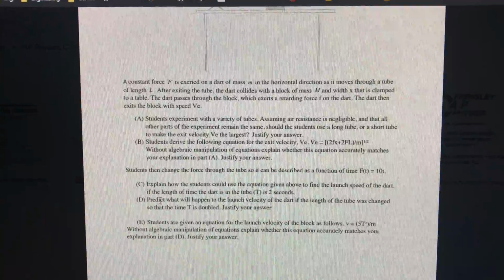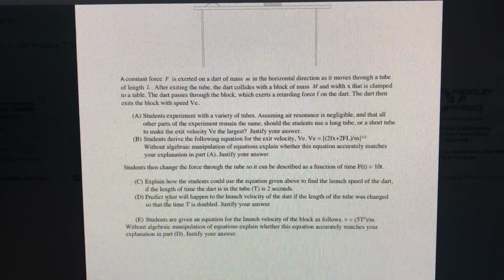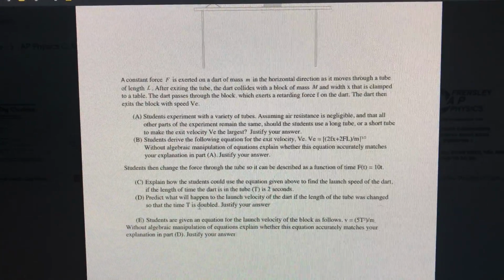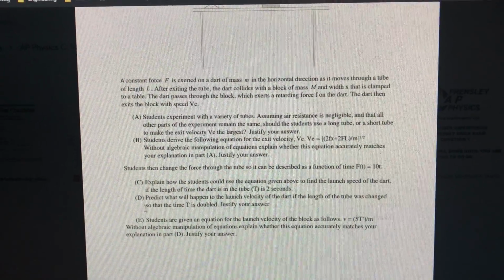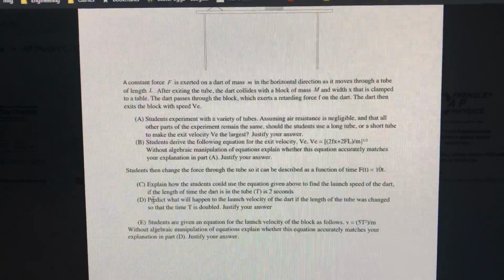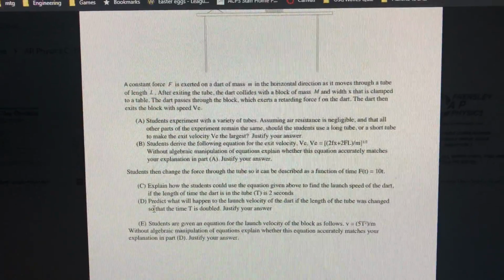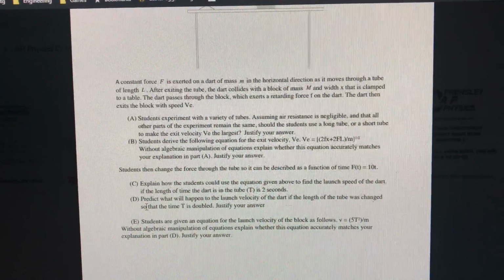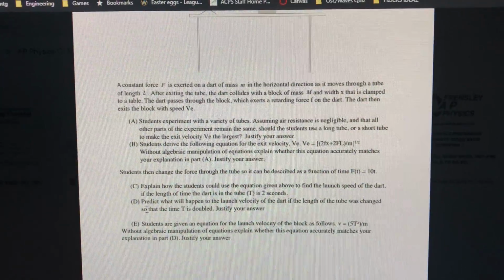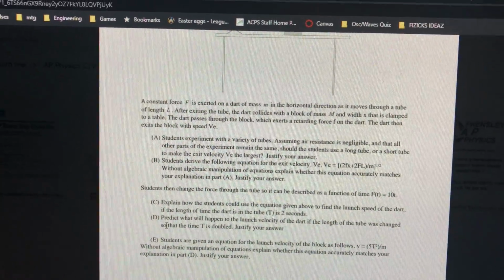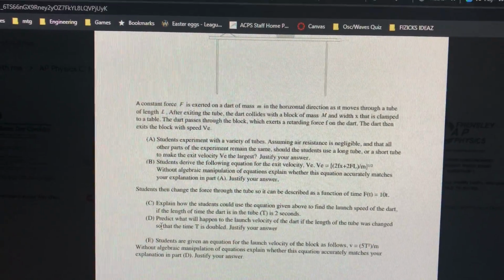Predict what will happen to the launch velocity if the tube is changed so that the time is doubled. My hint here is there's a couple ways you can go about this. There's a couple different equations that talk about velocity and time and can be linked back to force. We went through one of those in our momentum unit.